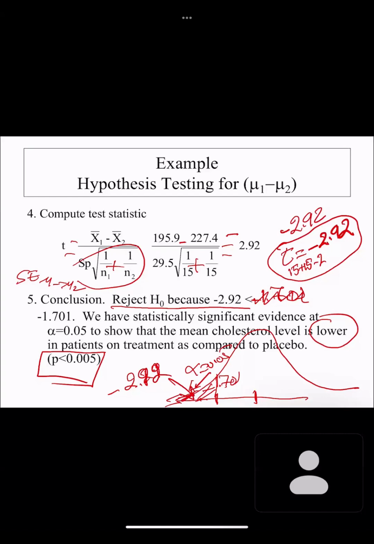If my t falls here, what do you expect, less or greater than 0.05? It will be less than 0.05, but actually it is less than 0.005 based on the t-test.